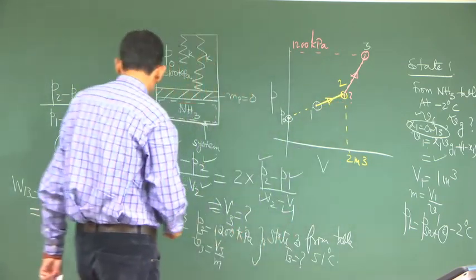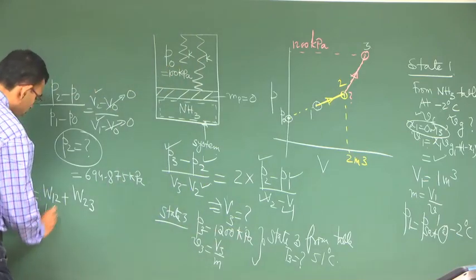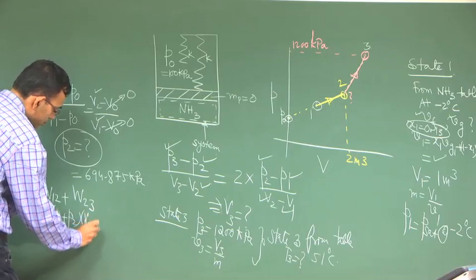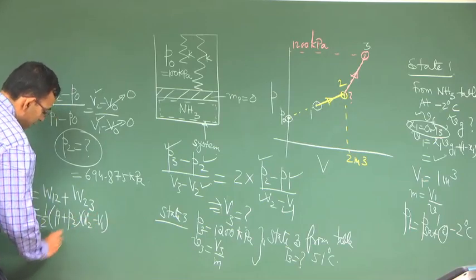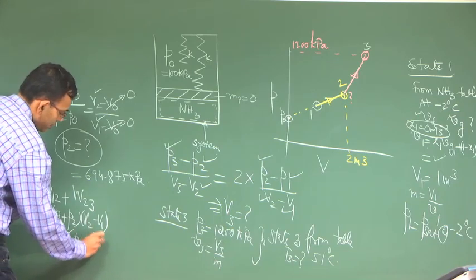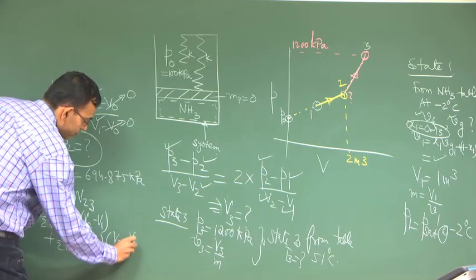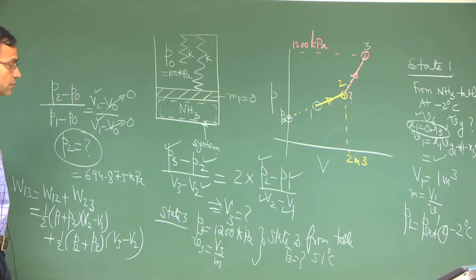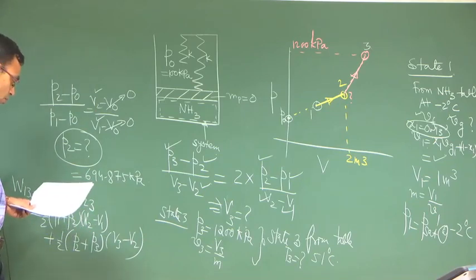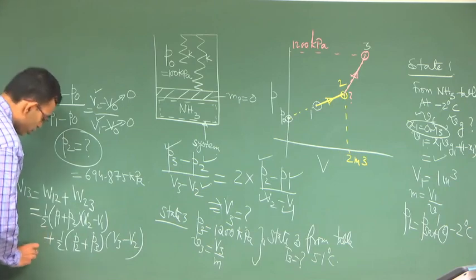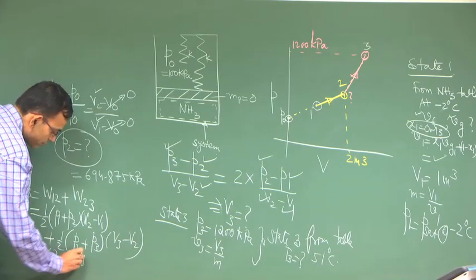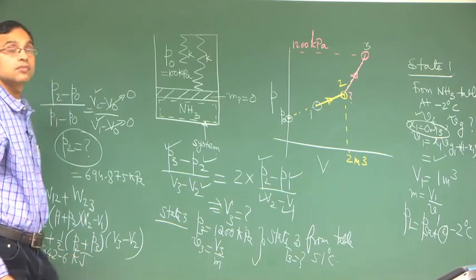So, half into (P1 plus P2) into (V2 minus V1) plus half into (P2 plus P3) into (V3 minus V2). So, if you substitute all the values, this will be 1342.6 kilojoule. Okay.